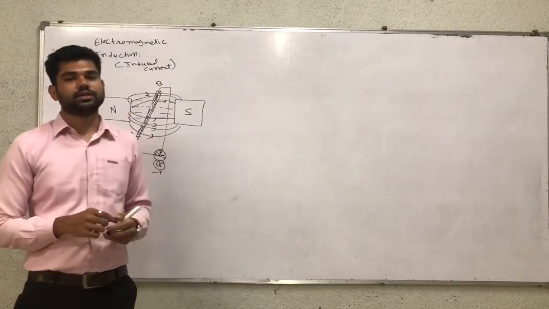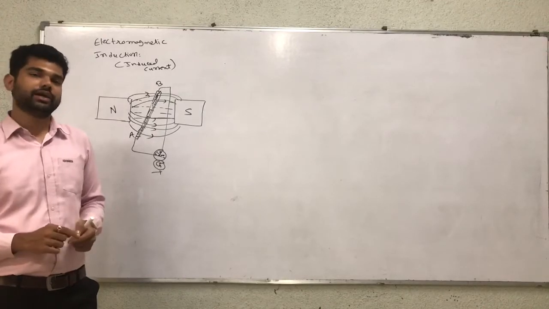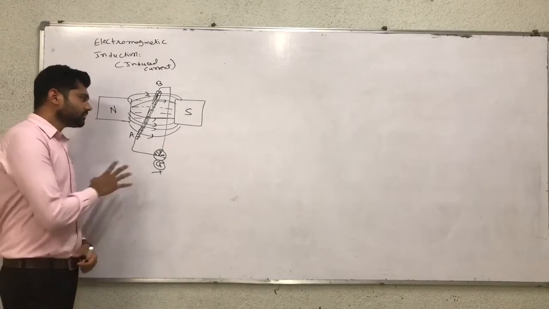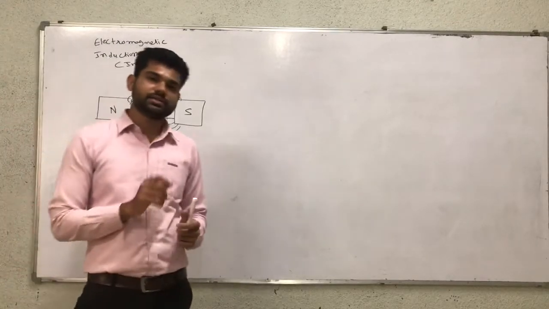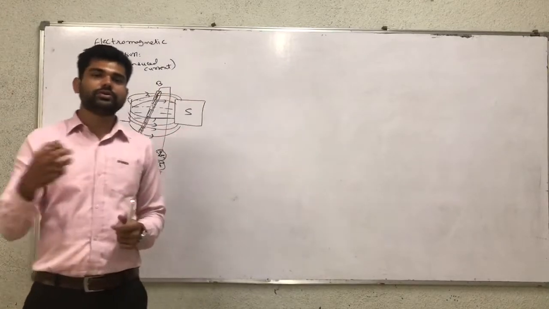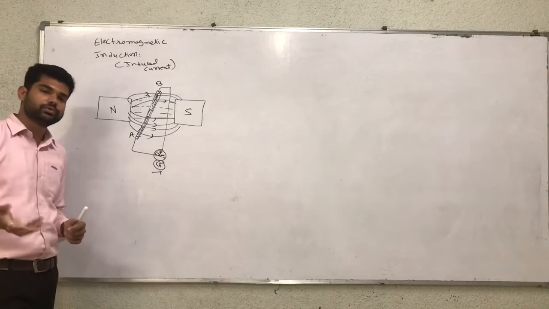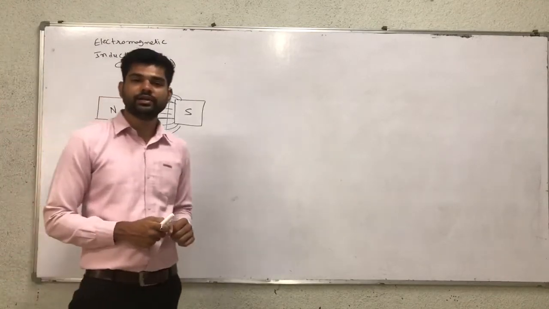In the previous lecture we studied the electric motor and Fleming's left hand rule. The left hand rule applies in the situation where electric current is given and produces mechanical work, meaning a magnetic force is produced, and then we use Fleming's left hand rule.